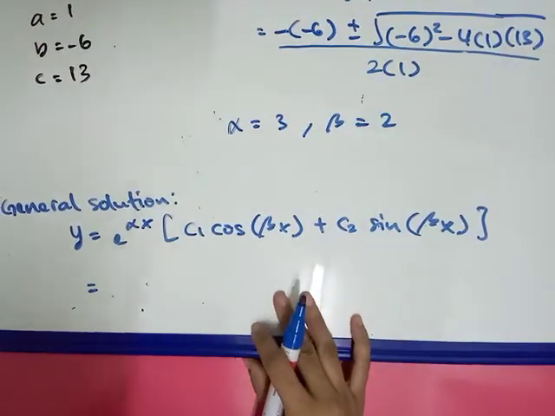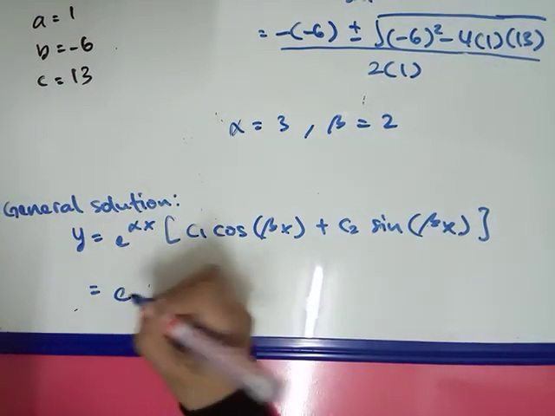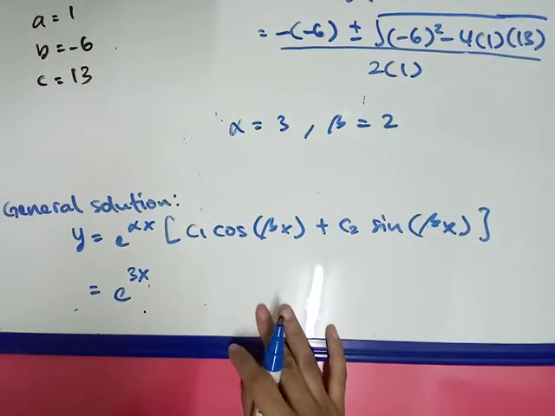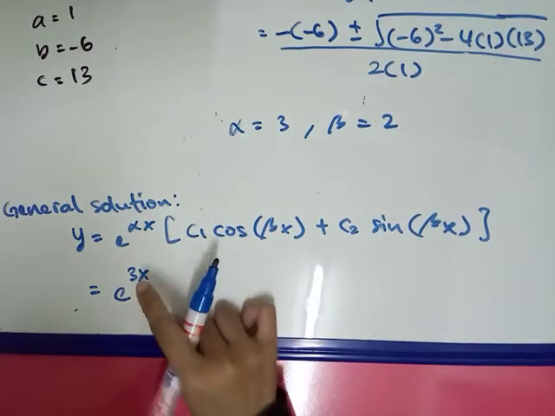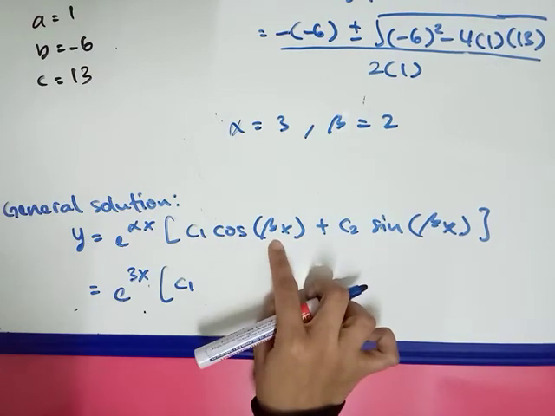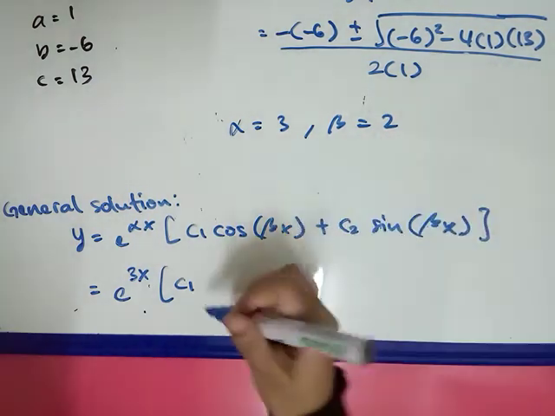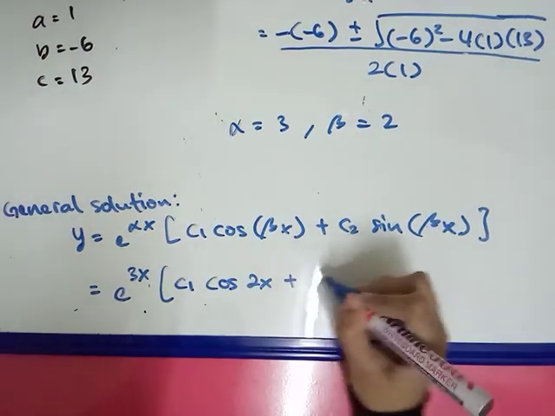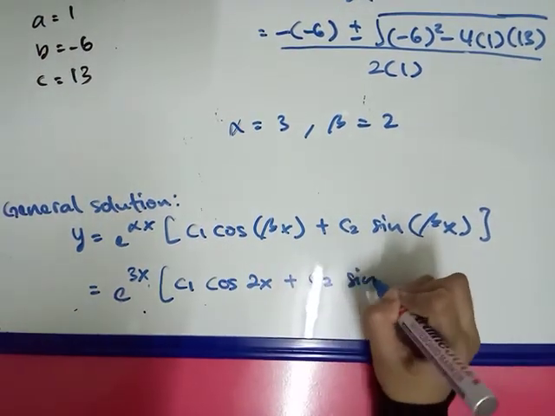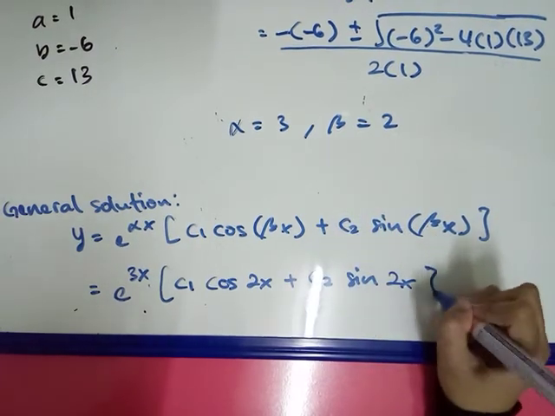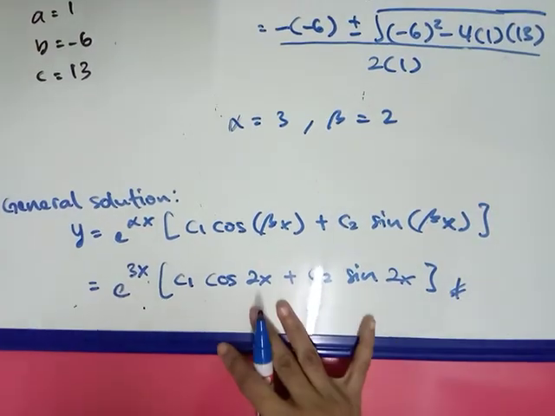And then substitute. Exponent alpha is 3, so exponent 3x. c1 cos beta x when beta is 2, so cos 2x plus c2 sin beta x, beta is 2, sin 2x. So this is the answer.